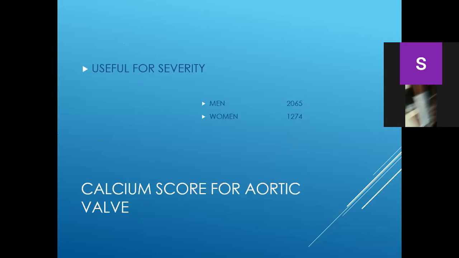So we did a calcium scoring for the aortic valve. Now, if you look at the cutoff of units, for men, if it is more than 2065, and for women, more than 1274, this favors severe aortic stenosis.